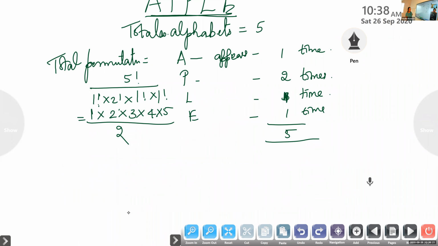It is 1 into 2, it is 2. 2 will get cancelled. So the answer is 3 into 4 into 5. So what is the answer? It is 60.